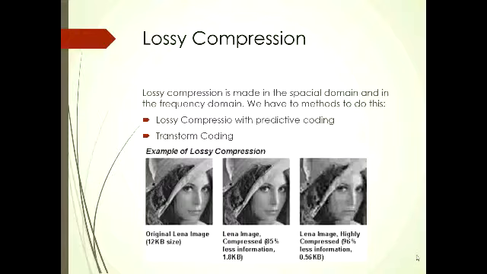We can compress it to 1.8 kilobytes. This means 85% compressed information, and we can still distinguish the image. But when we try to compress a little bit more, with 96% of information, that means 0.56 kilobytes, we can see that the image starts to be, well, not correct, to be unrecognizable.